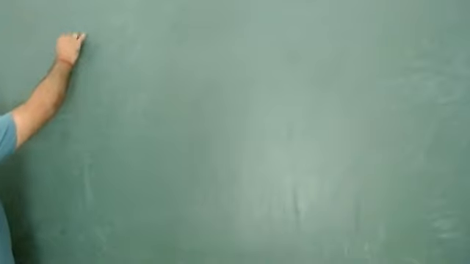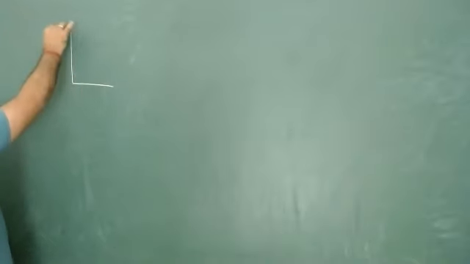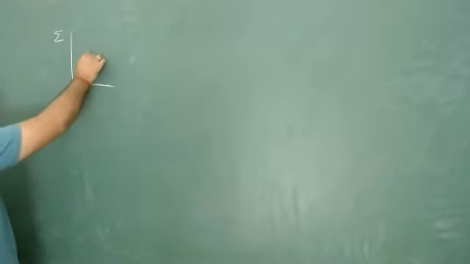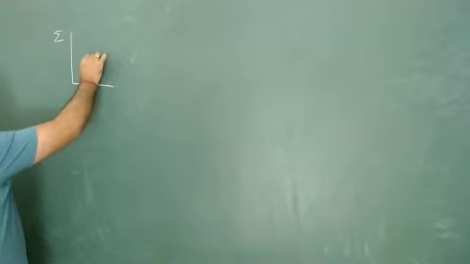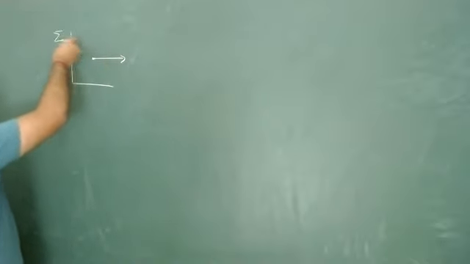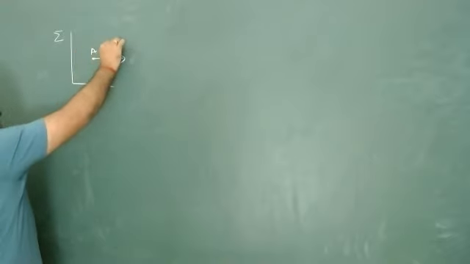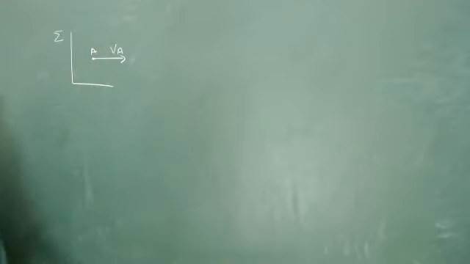So we have one inertial frame. Let's say this inertial frame is sigma. There is a particle A which is moving with respect to sigma with velocity VA in the I cap direction.